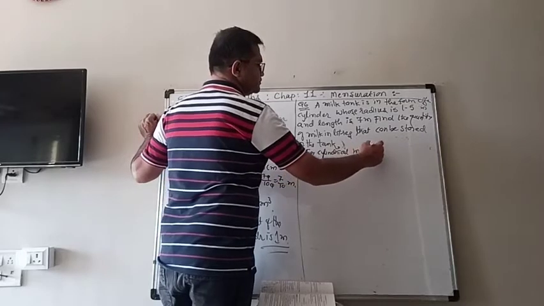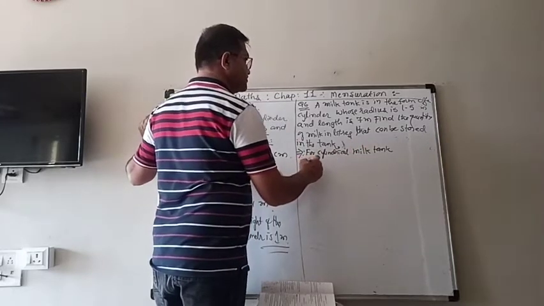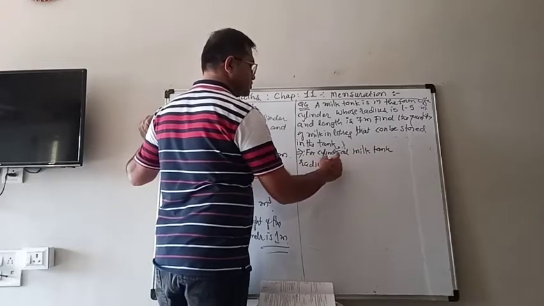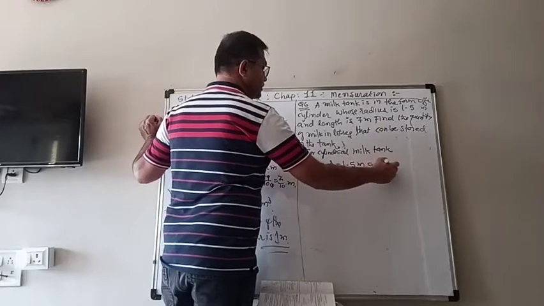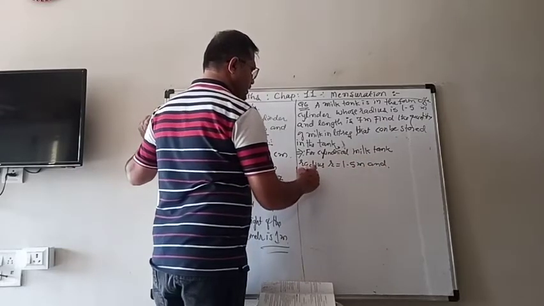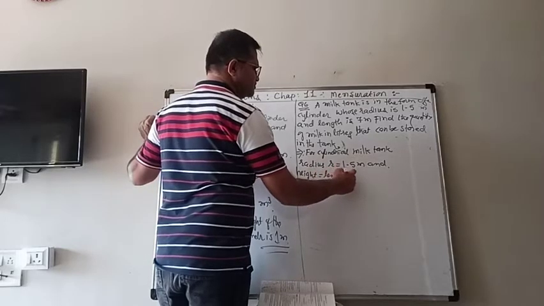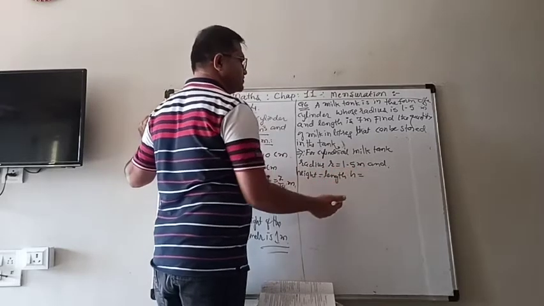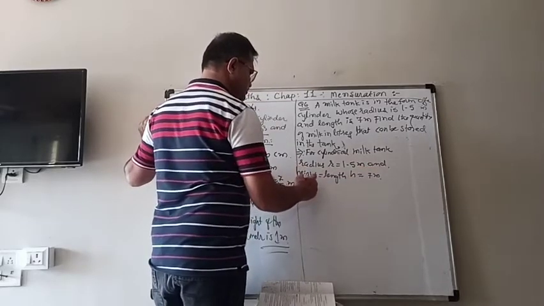So now for the cylindrical tank, milk tank, radius is 1.5 meter and height is in the form of length given. We will take it as height is 7 meter. So first we will find volume.